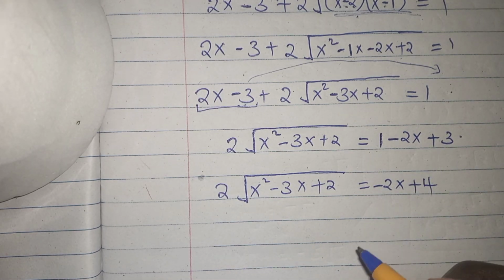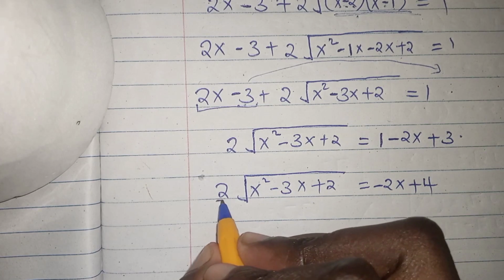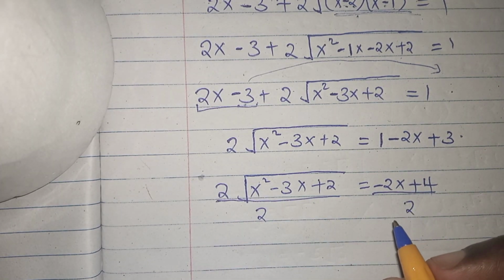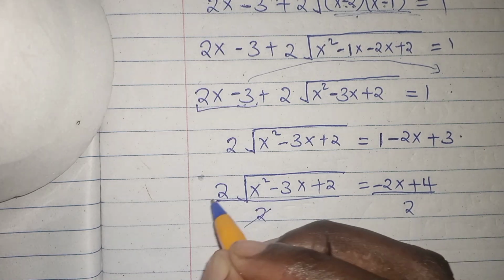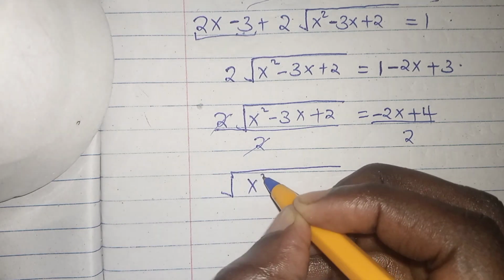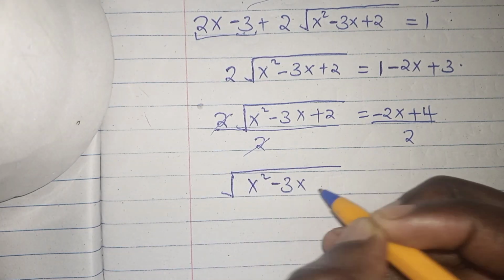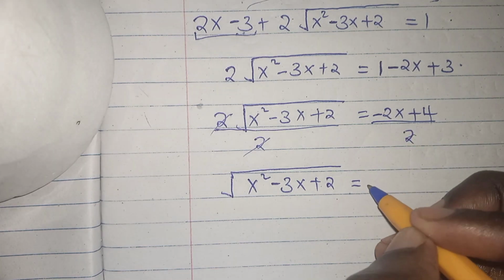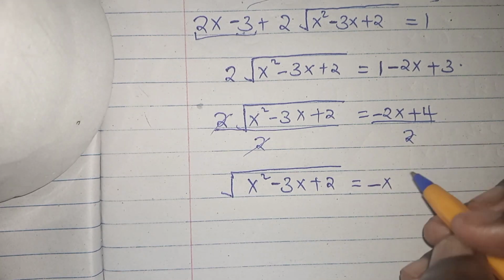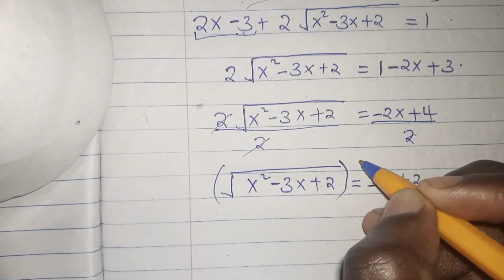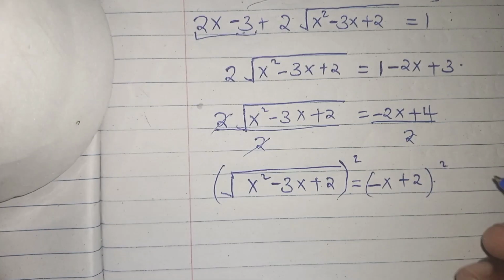Okay, so our next step, we shall divide this by 2 and divide this by 2 to simplify it. So the 2 and 2 will cancel. The square root of x squared minus 3x plus 2 is equal to -x plus 2. Okay, so we shall square this side and square this side as well.